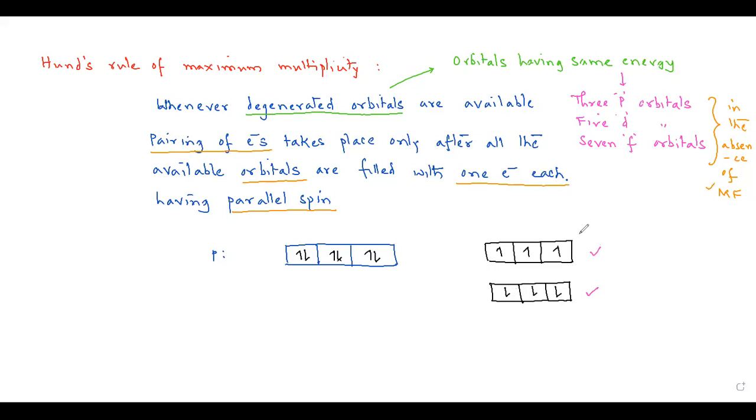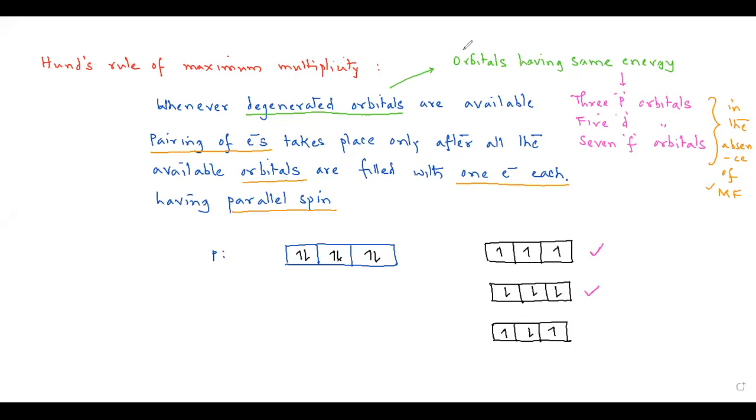Say these three have got the same spin, I mean clockwise spin. Even these three have got the same spin, the anti-clockwise spin. They are okay, but this one is not okay. Check this out. One, this, and then this.